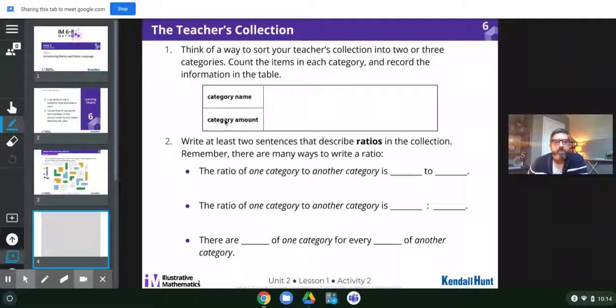All right. So this activity is called the teacher's collection. One of the reasons I went to find those shapes is so we could get our blood flowing and get up out of our seats early in the morning. But another reason was so we could do this little activity.